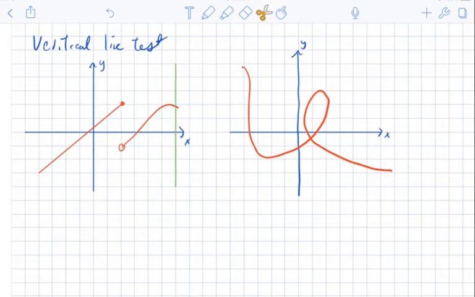So this one passes the vertical line test. It doesn't hit the red line at any two places. It's only one place at a time for any of these horizontal positions.